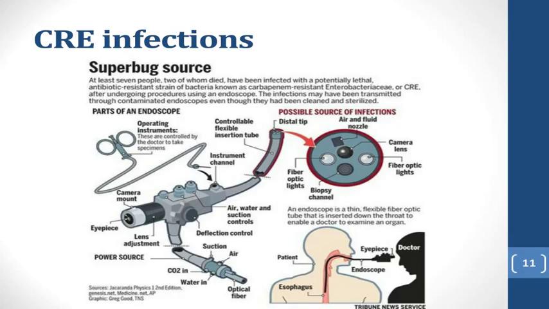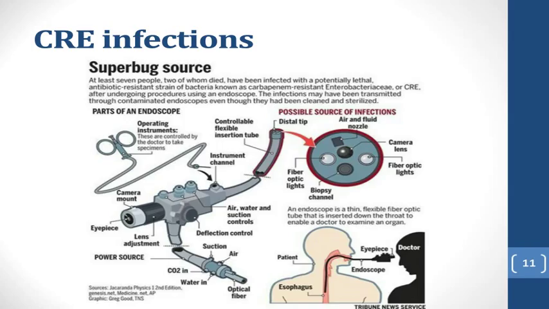But one of the big problems is the way these devices are designed. There's a lawsuit that just got filed, and the lawsuit alleges that the company that makes this endoscope redesigned it, and when they did the redesign, they did not revisit their cleaning protocols. So there are these crevices.